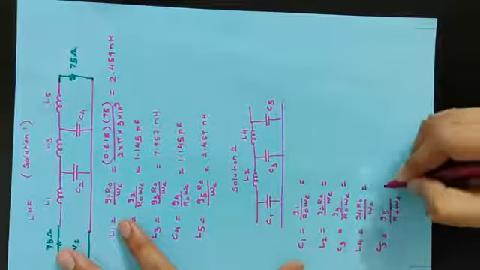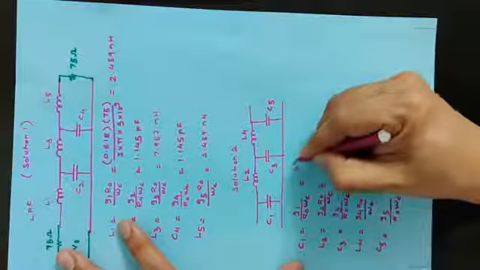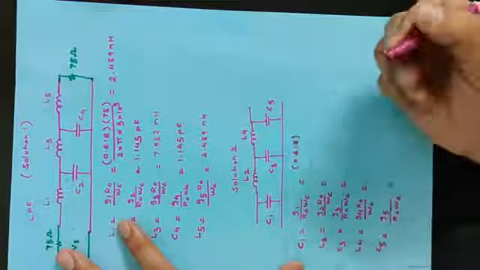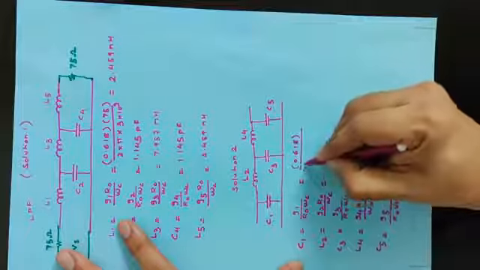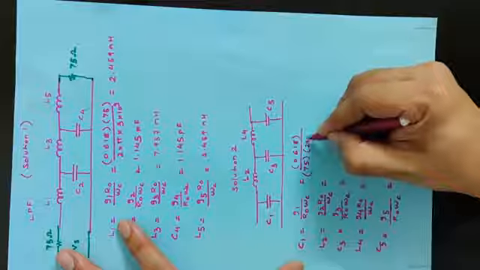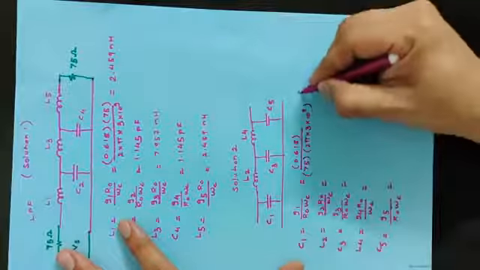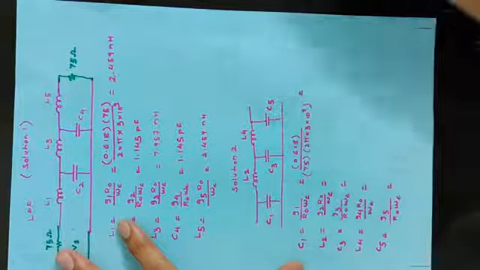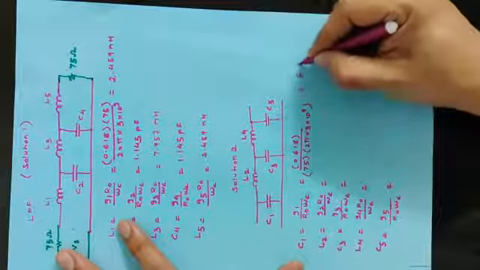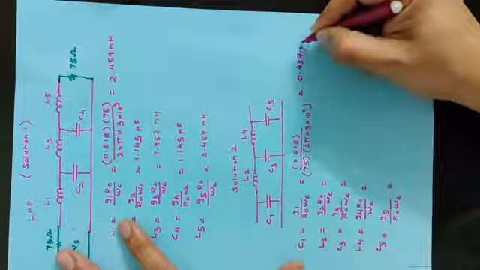So we'll substitute the values of the corresponding G. I will just show one calculation: 0.618 divided by 75 into 2 pi into 3 into 10 to the power 9. So it turns out to be 0.437 picofarad.